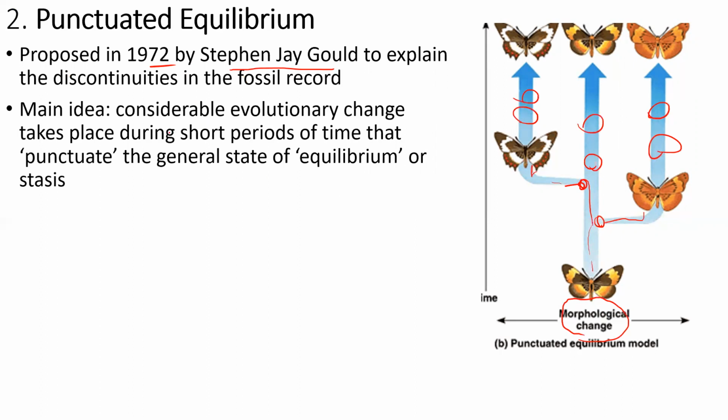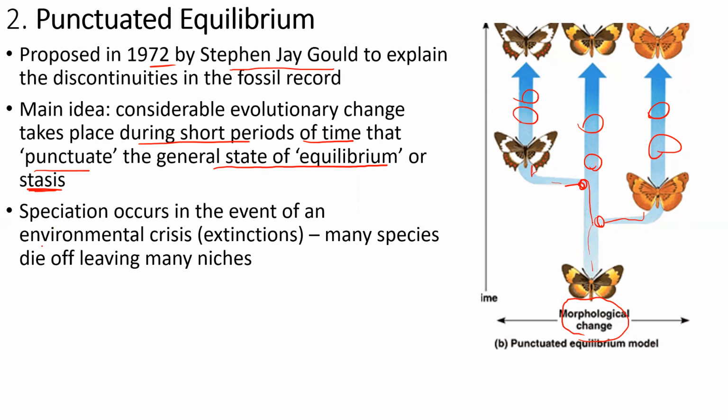Main idea: considerable evolutionary change takes place during short periods of time that punctuate, or burst, the general state of equilibrium, or unchanging state. So things are just staying the same for a long, long period of time, and all of a sudden, boom, we get a massive change.